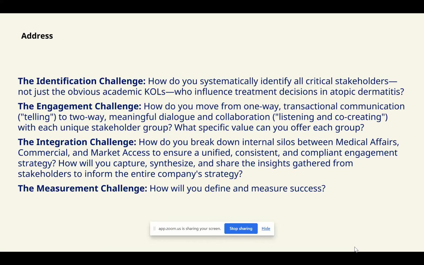Then we wanted more meaningful interaction rather than one-way transactional communication from your side. We also talked about the integration challenge, people working in silos within the organization, where you want a unified strategy, as one team. And we also highlighted how we will define and measure the success of this project.